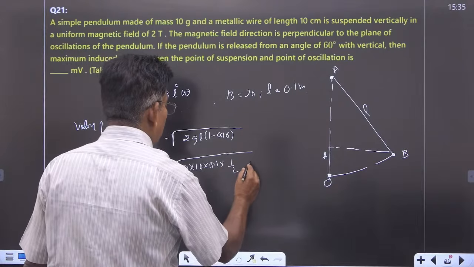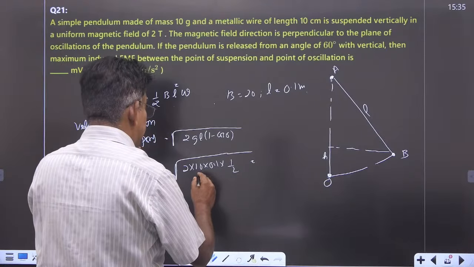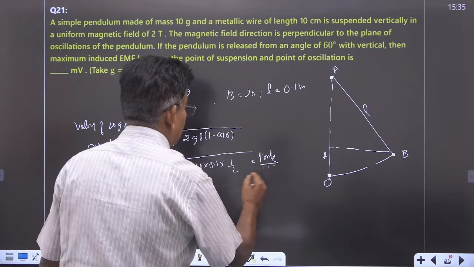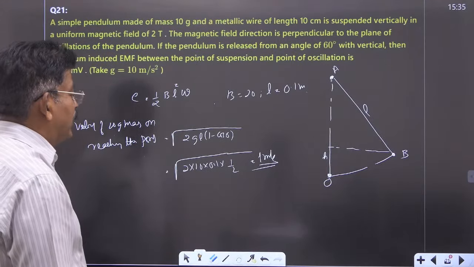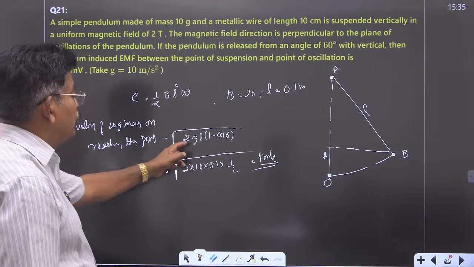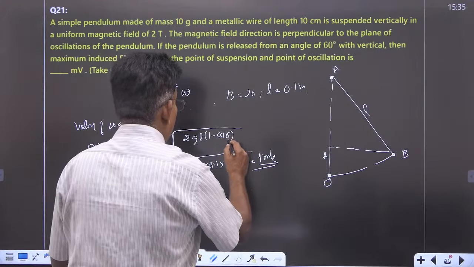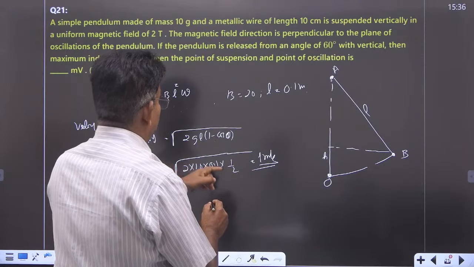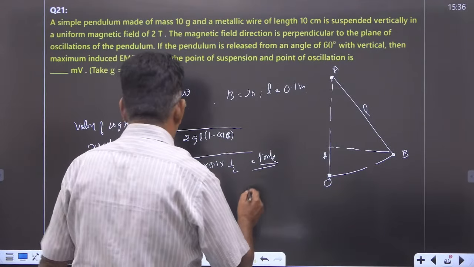Half is coming. The 2 gets cancelled, 10 into 0.1 is 1, root 1, that is 1 meter per second. The speed on reaching the bottom will be 1 meter per second. Once again, root of 2gL, 1 minus cos theta: 2 times 10 times 0.1 times half, the 2 gets cancelled, 1 meter per second.